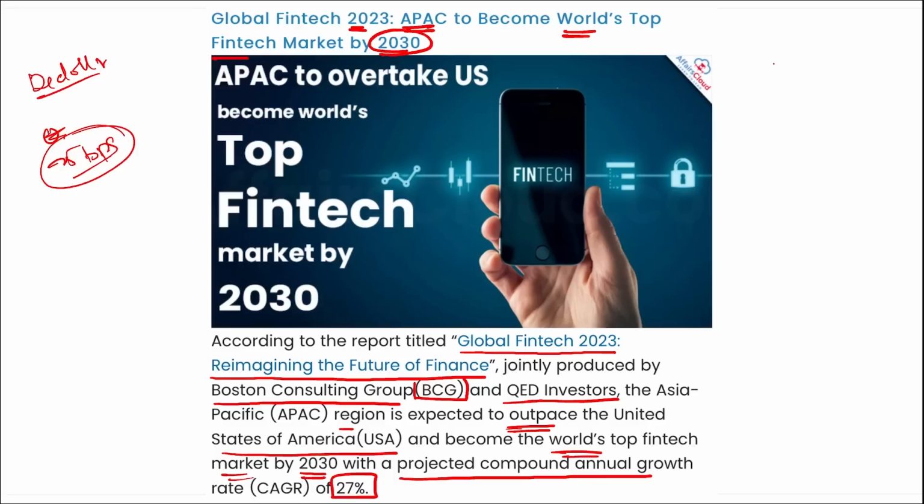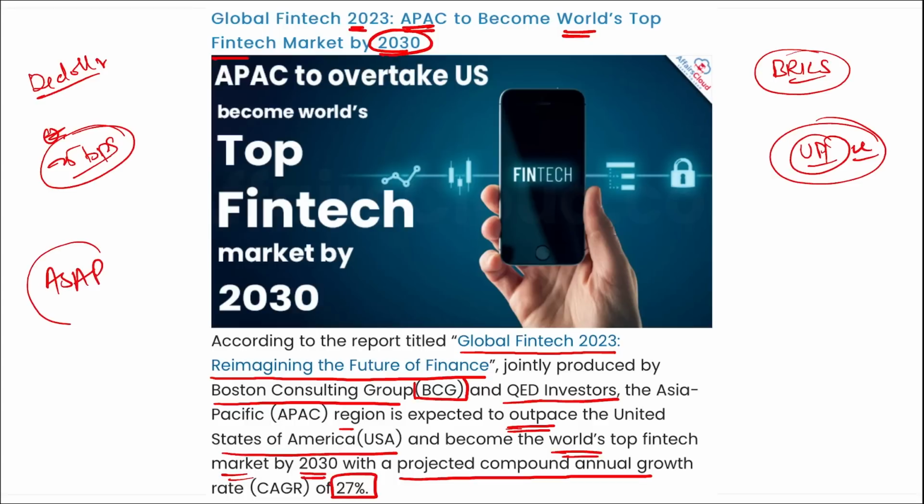Even, if you remember, almost 18 to 19 countries have shown interest in joining BRICS. Also, we know that multiple countries are opting for the UPI system so that they can trade between India and that respective country. So the power that the dollar or the United States of America used to have is now being shifted to the Asia Pacific region, right?